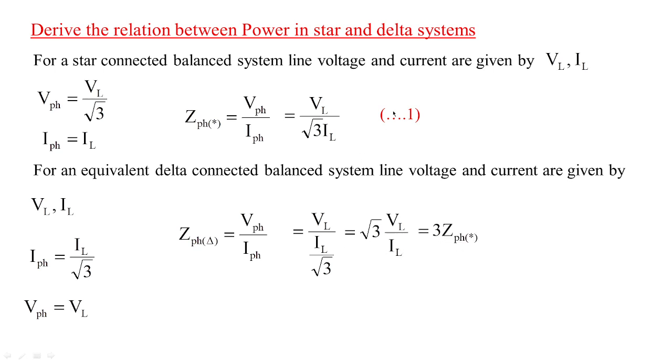In fact, when I substitute the value of root 3 in terms of star impedance, I get impedance in delta which is equivalent to 3 times the impedance in star. If I take this as equation 2, then I can frame the equation as impedance in star is equivalent to impedance in delta divided by 3. Let me treat this equation as 3.